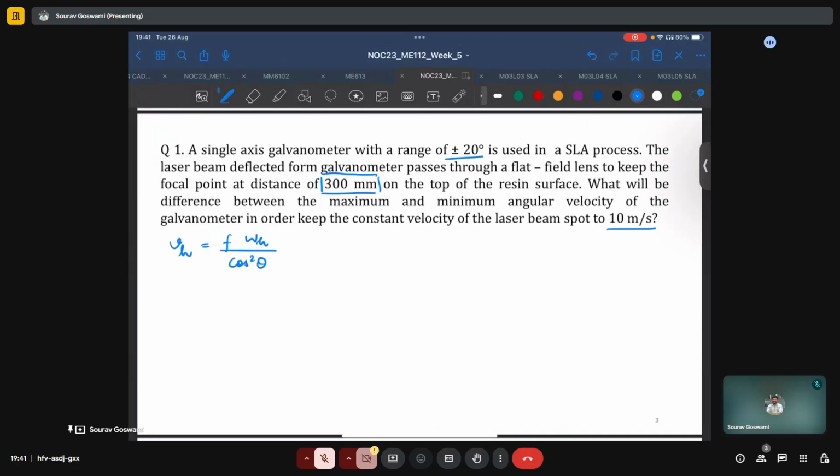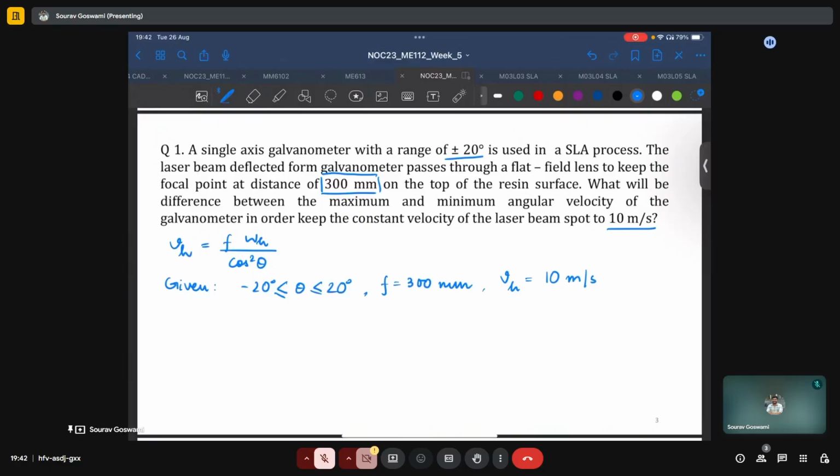Let us try to identify the parameters from this given data. So the parameters given to us are that the range of theta is between plus minus 20 degrees. The focal point is at a distance of 300 mm, thereby meaning that the focal length itself is 300 mm, and the required constant velocity of the laser beam spot on the print surface is 10 meters per second.